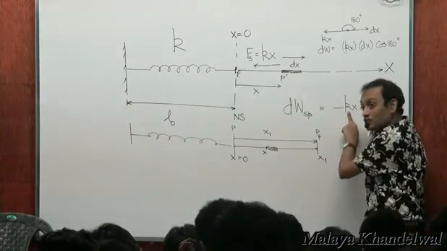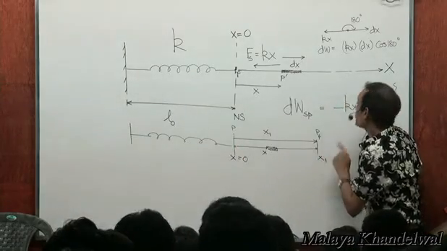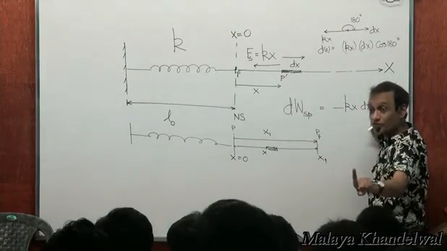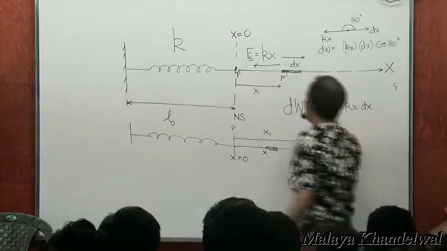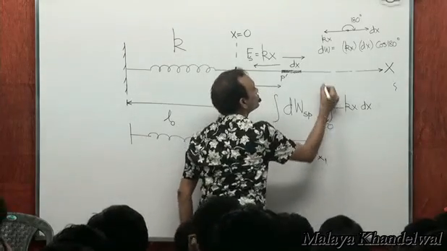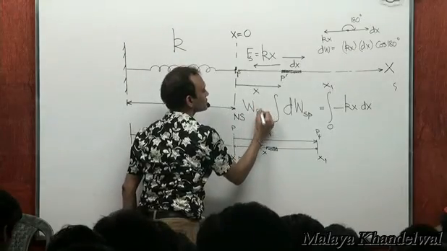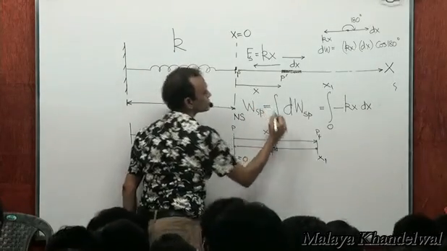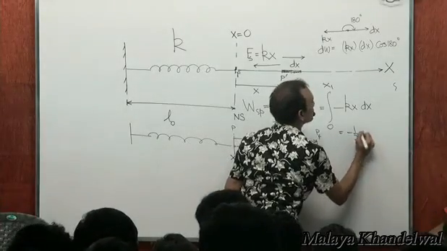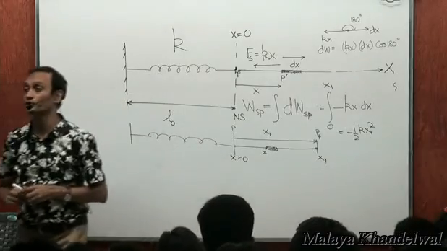When I sum up all those numbers, then that will be the total amount of work done by the spring force, where x runs from 0 to x1. So which is like minus half k x1 squared. That's the total amount of work done by the spring force, yes or no?